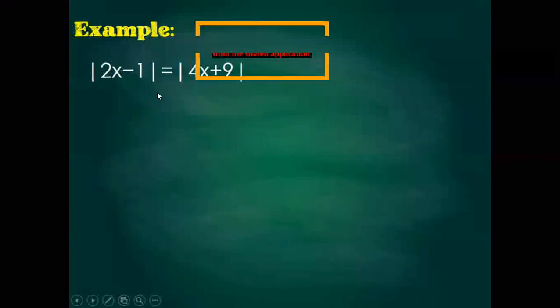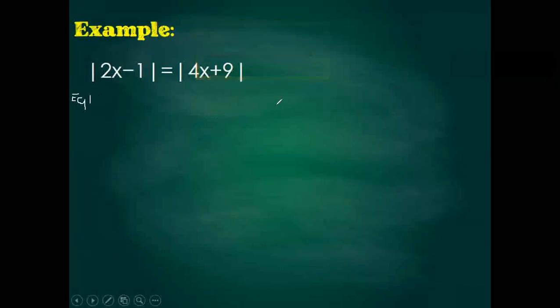What if the example is like this? Absolute value of 2x minus 1 equals absolute value of 4x plus 9. Okay, this is what you will do. Equation number 1, then equation number 2.